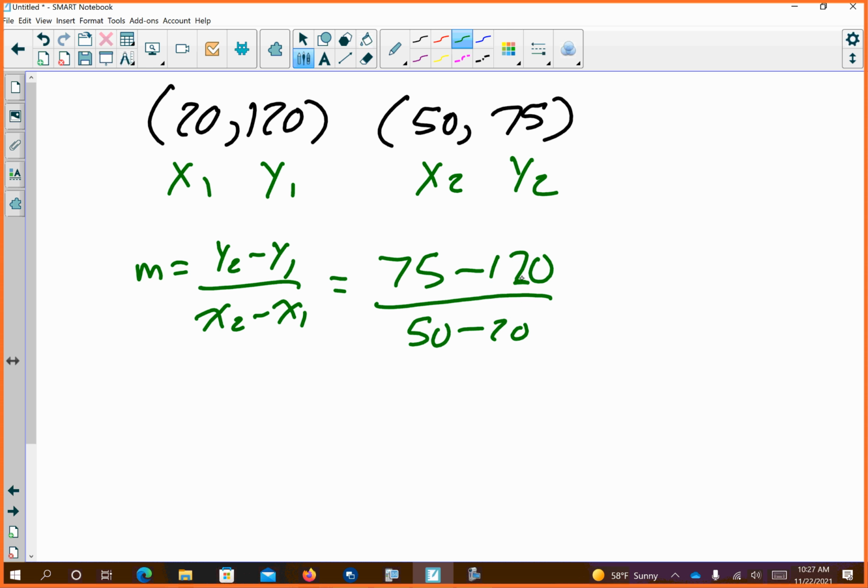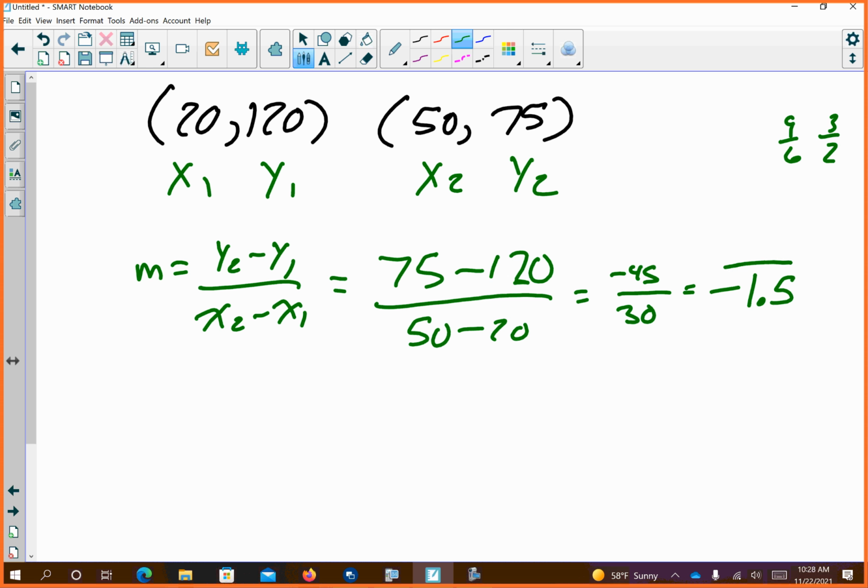Let's see. 85, 95, 105, 115. So this looks like negative 45 over 30. Somebody have a calculator? If so, will you go 45 divided by 30 for me, please? 9/6. And then what's 9/6 as a 3/2? 3 over 2. So 1.5.